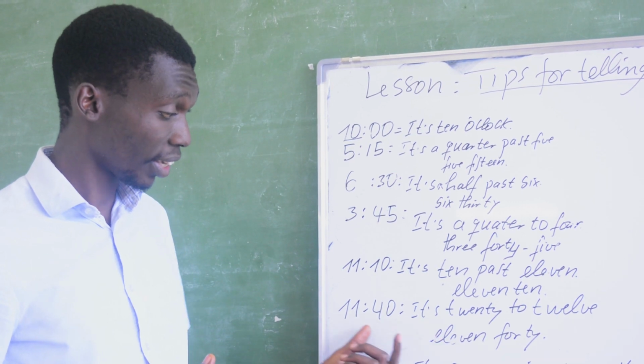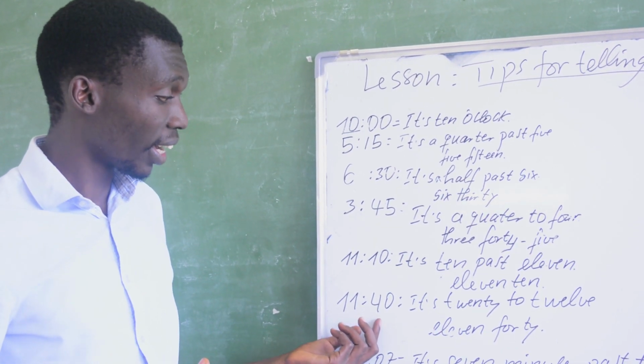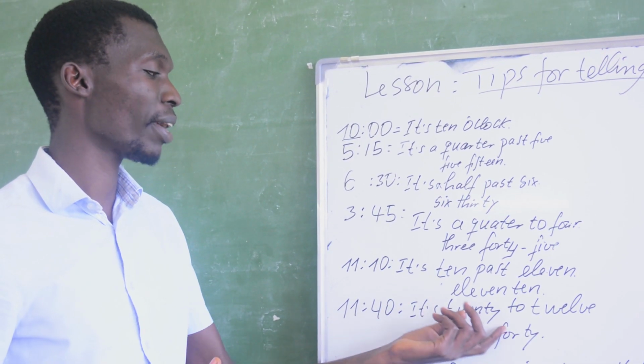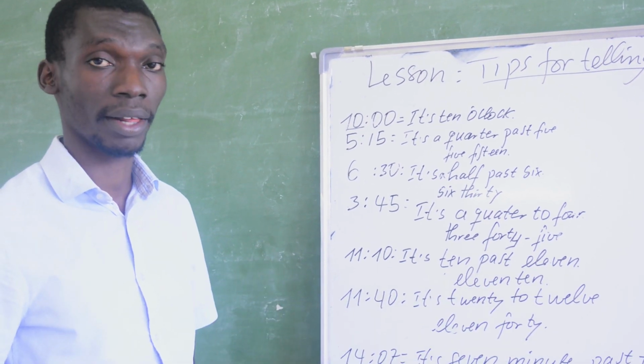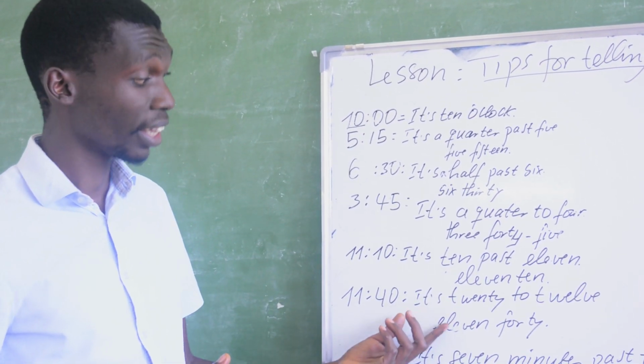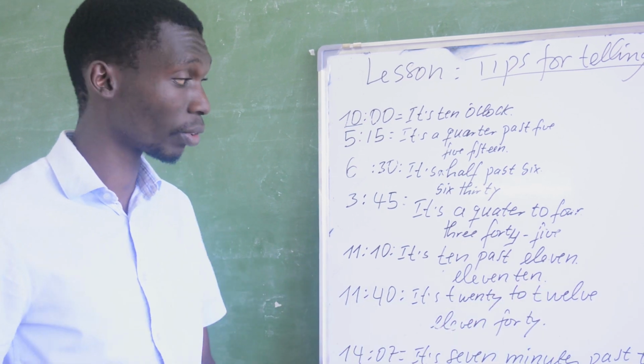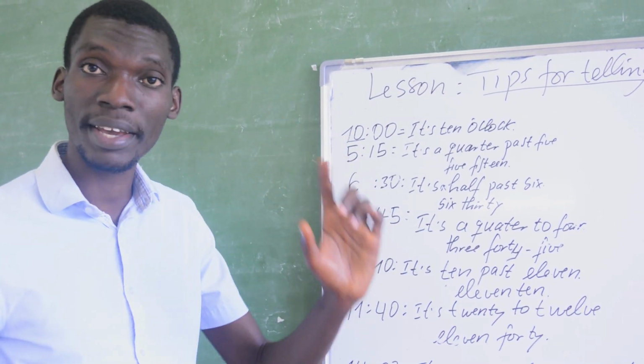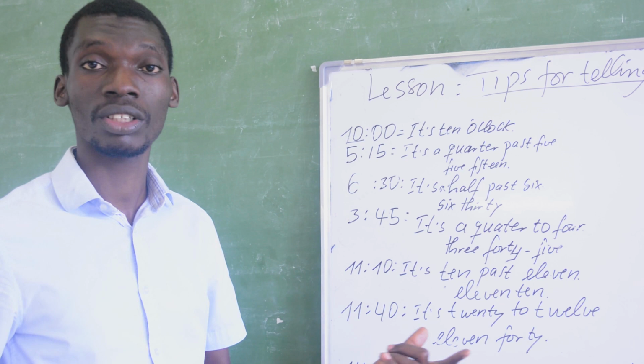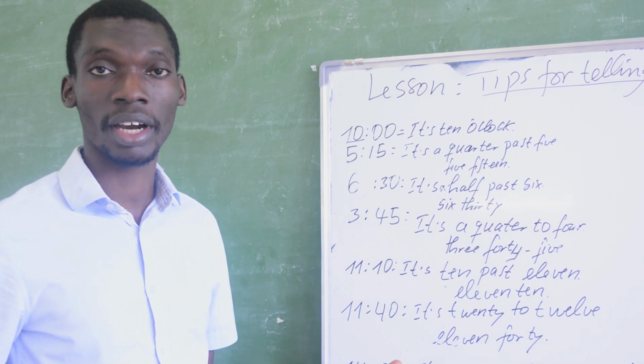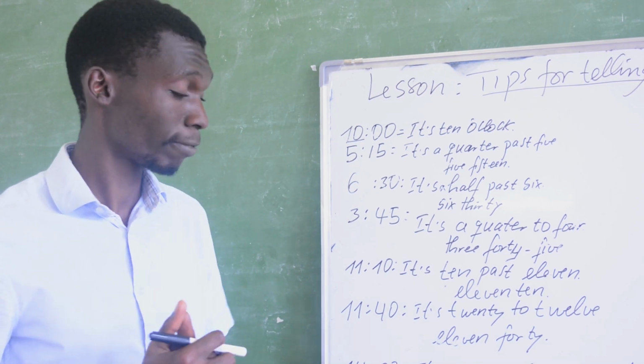It's understood. Here we cannot say it's 14 minutes past 11. No. But most of the time we should say it's 20 to 12 because we only have 20 minutes left to go on to 12 o'clock. Is that understood? Very good.